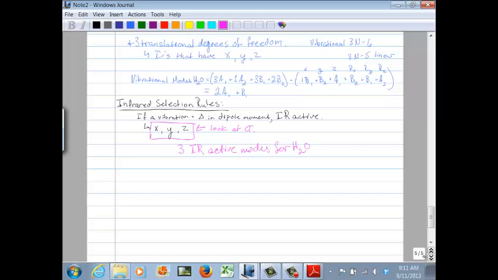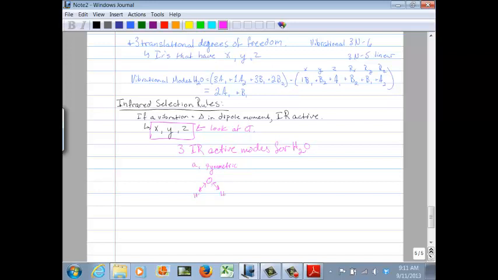We can tell what they look like based on their symmetries. The A1 modes, remember that A means that it's symmetric with respect to the highest order axis. Well, the two A1 modes are going to be symmetric with respect to the Z-axis.